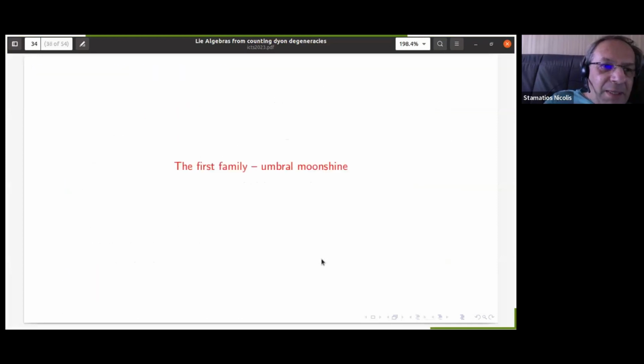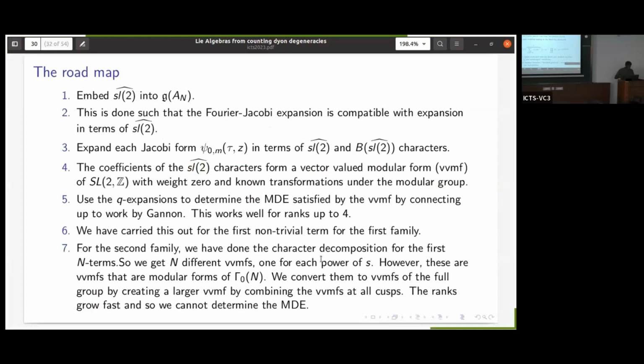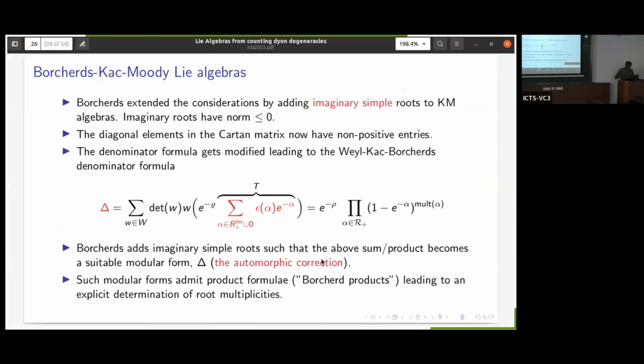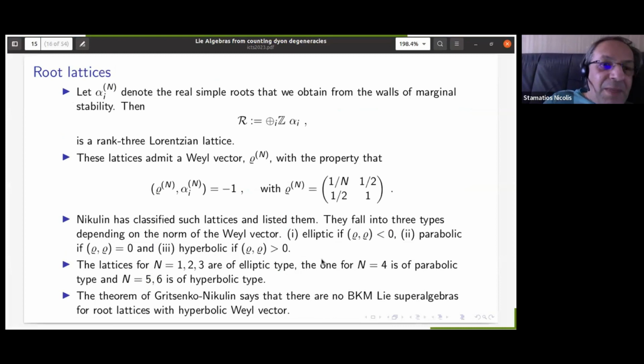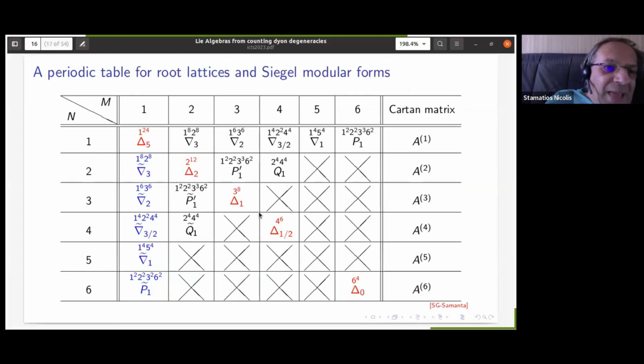It was in the beginning of the talk. Yes, that's it. M sort of disappeared, and I was wondering what is M's role, because N was obvious.